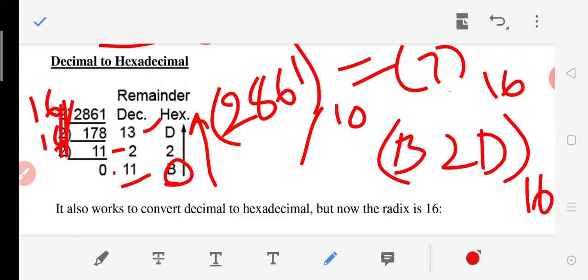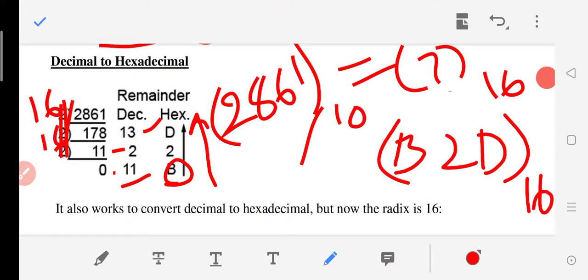Today in this section we completed an important topic, conversion. Three conversions are completed: decimal to binary, decimal to octal, and decimal to hexadecimal.